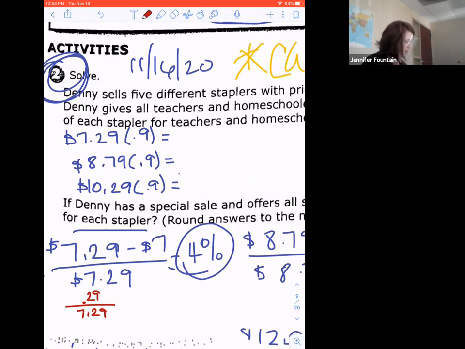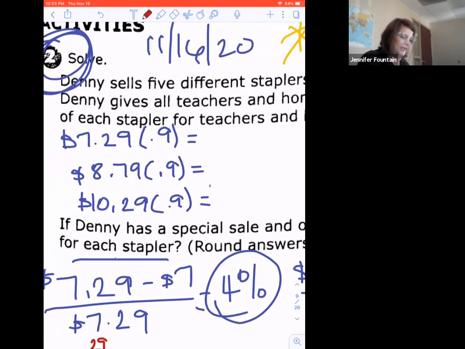activities 2. All right, so the first one, okay, so we went ahead and said that he was selling it at a 10% discount, so we said we would need to multiply by 0.9. So the first one, we would end up with $6.56. Then 8.79 would end up going down to $7.91.